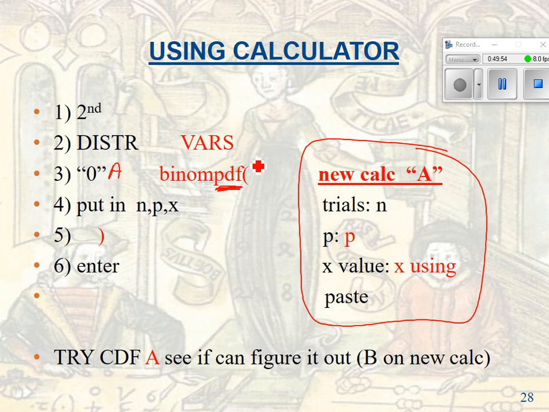P is 0.25, hit the comma button, and X is 7 again, close the parenthesis. You probably don't have to close the parenthesis, but I always do, just in case. That should give us the same answer. What's it give you? 6.1 times 10 to the negative fifth. Is everybody getting that on their calculator?